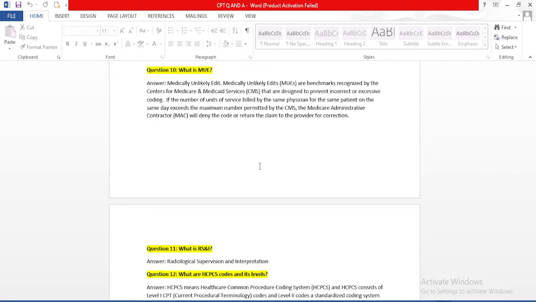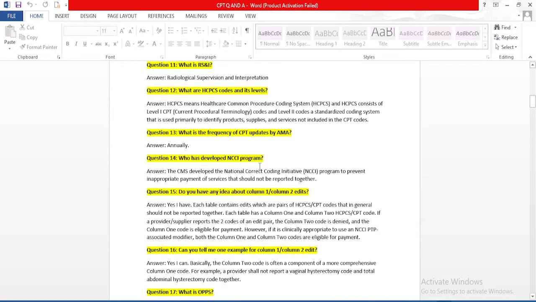If the number of units of service billed by the same physician for the same patient on the same day exceeds the maximum number permitted by the CMS, the MAC will deny the code or return the claim to the provider for correction. For example, if you take any procedure.